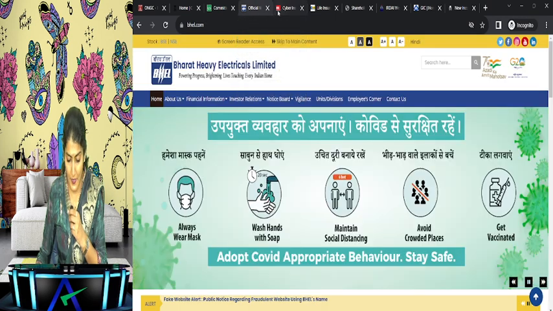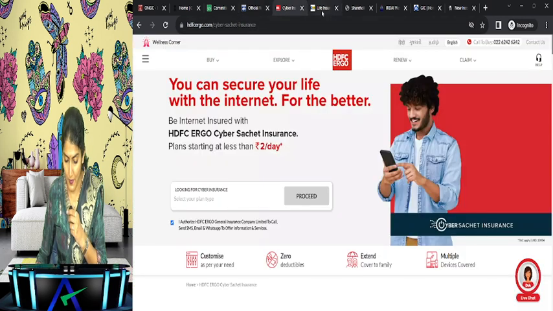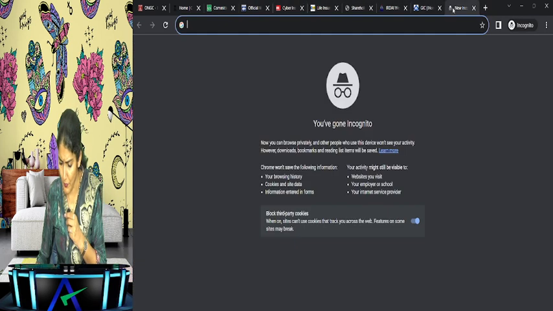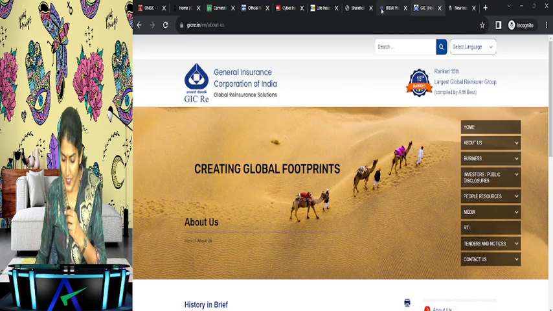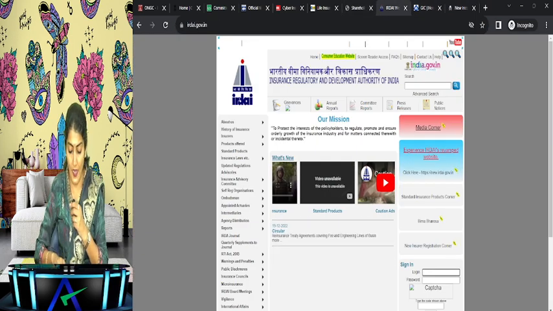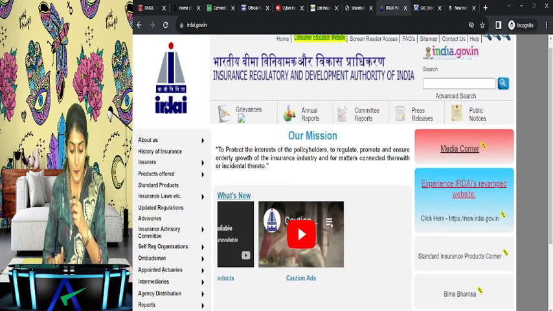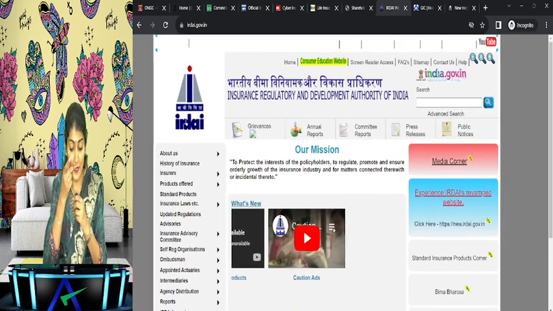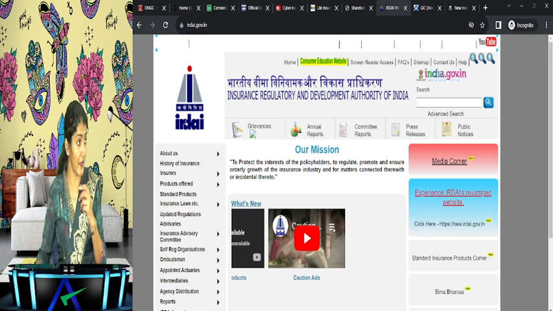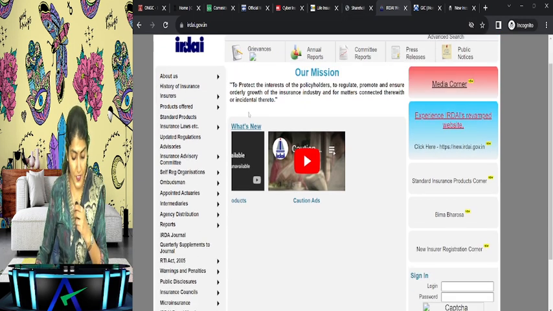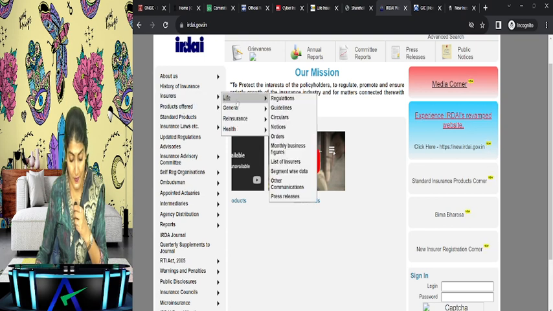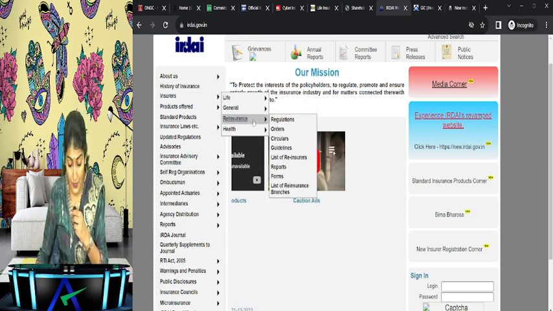Then apart from HDFC Ergo, we also have one more which I had opened over here, the GIC, and yes, we also have the IRDAI. Just as for banking companies you had the RBI, here you have the Insurance Regulatory and Development Authority of India. So you have the history of insurance, then the insurers: life insurance, general insurance, reinsurance.